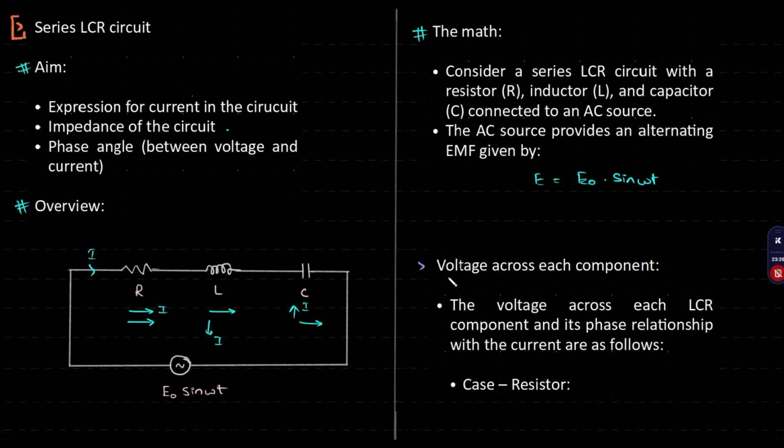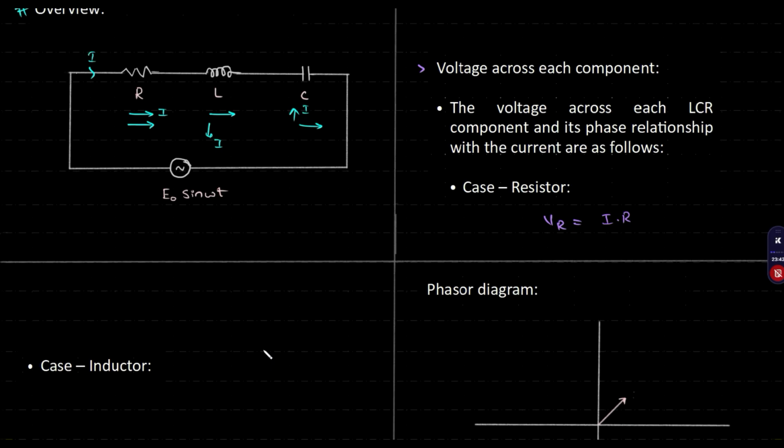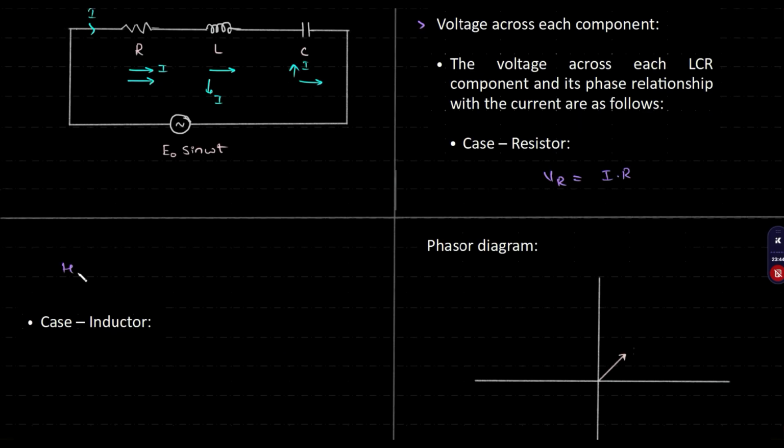Now, voltage across each component is something that we need to look at. Your resistance will have, if the current is I, the voltage across that will be, sorry, not V, I into R. So here the voltage and current are in phase.